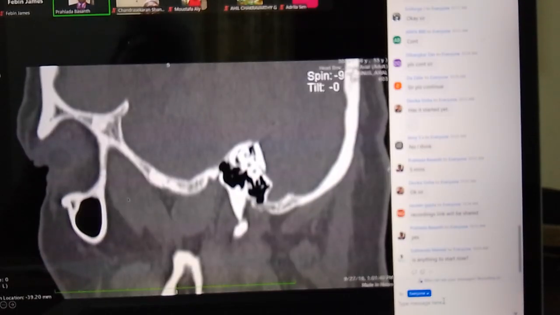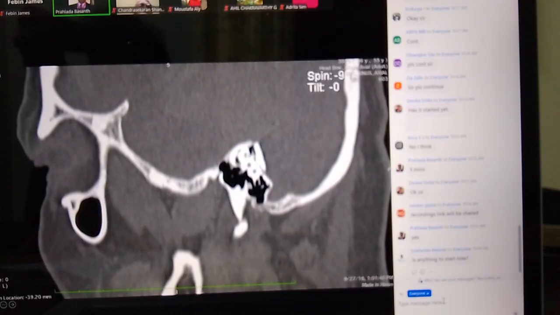Going further medially, again the orbital plate of the frontal bone, and the frontal process of the zygomatic bone, which is lateral, and the greater wing of the sphenoid, which forms the floor of the middle cranial fossa, and the temporal bone. This is the tympanic bone, occipital bone, and the mandible. And these are the infratemporal fossa.